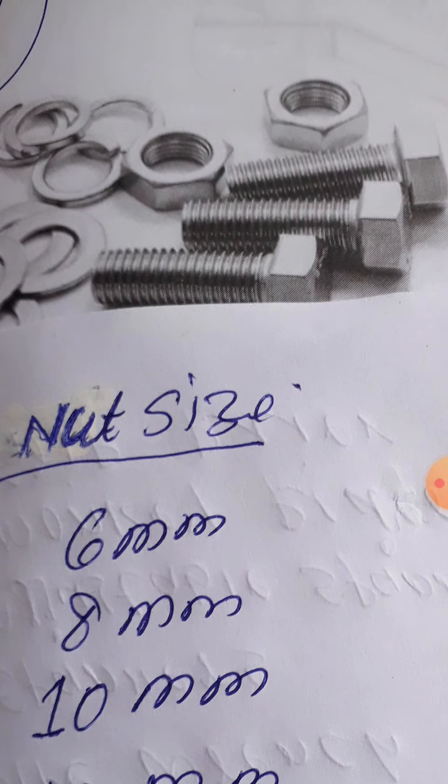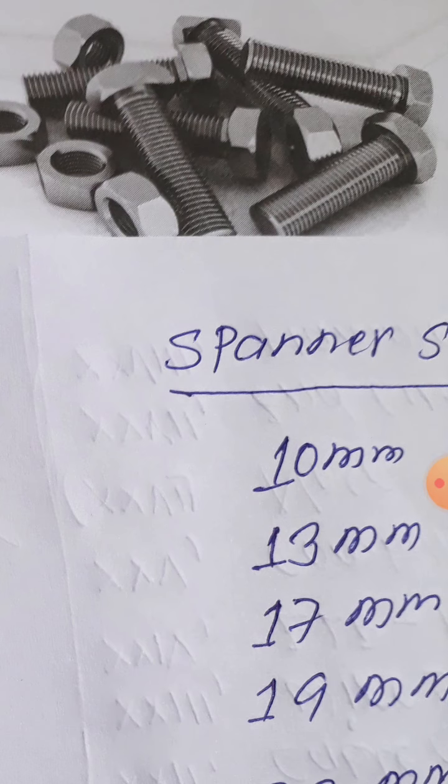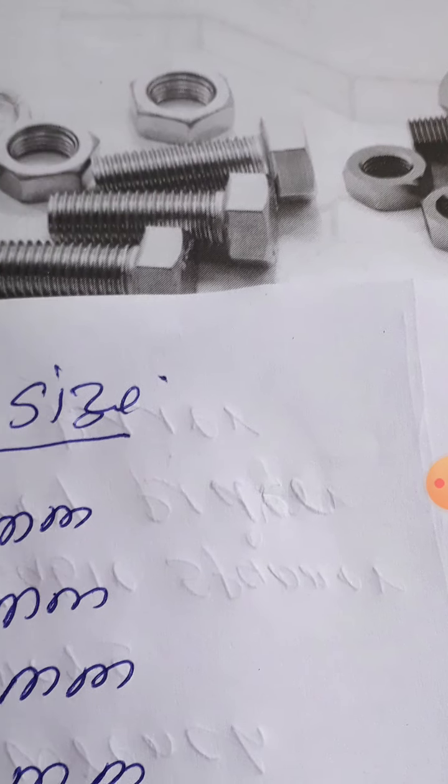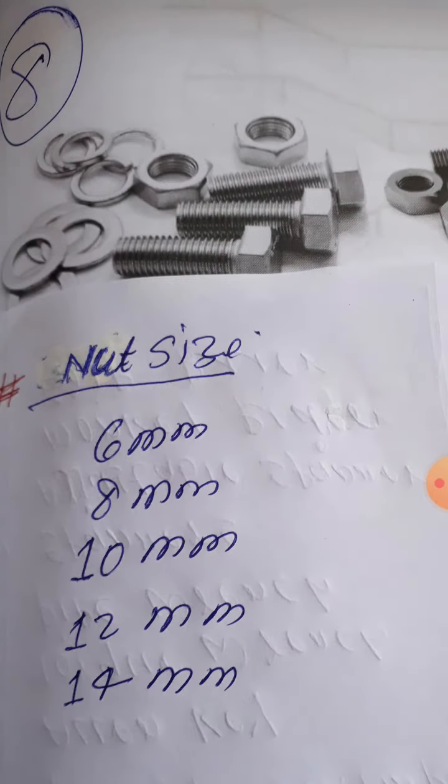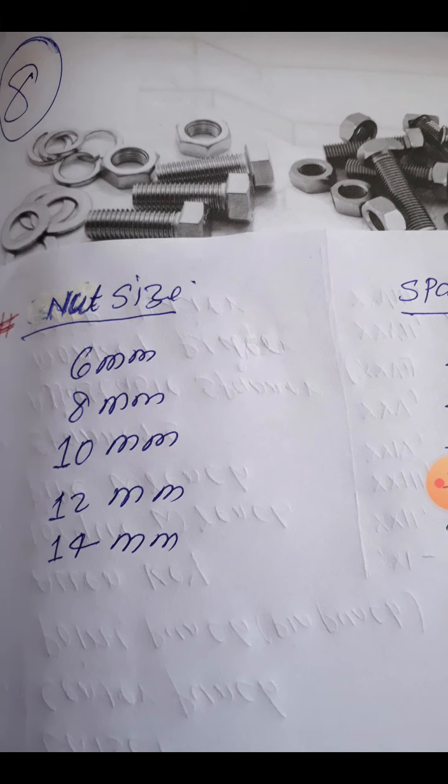So the outside of the nut is bigger, and the inside thread is another size. If the inside of the nut is 6 mm, you use a 10 mm spanner, because the outside is 10 mm. So it depends on your nut size. The nut size is always given for the inside, and the outside is not given.